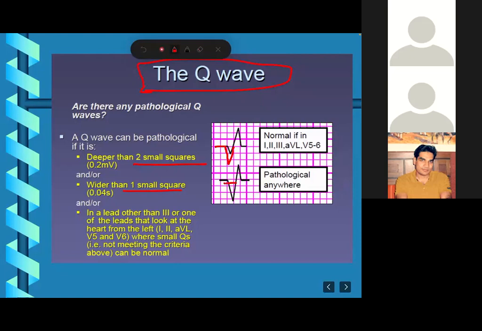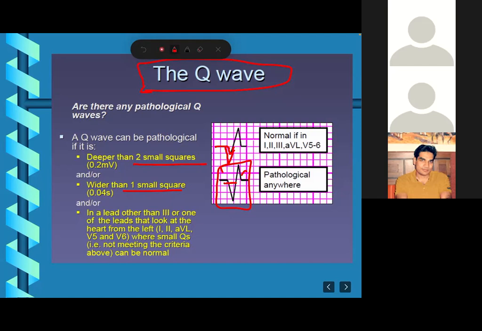If it is less than two small squares, it is not significant. There are multiple criteria to label pathological Q waves. If it is more than 2/3 of the QRS complex, then it is always pathological. If it is smaller than that of the QRS complex, then it is normal.